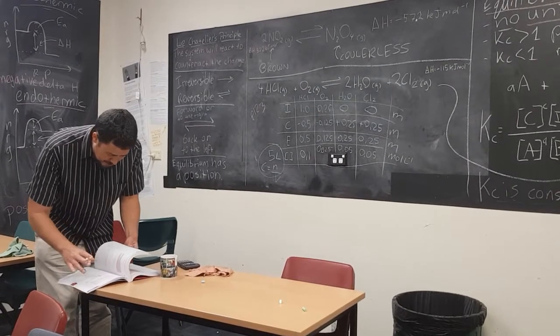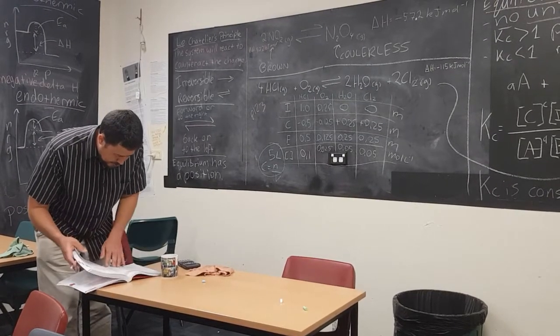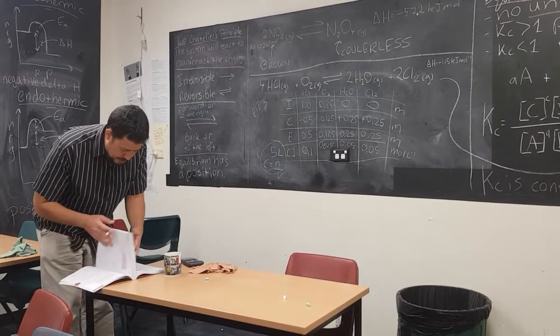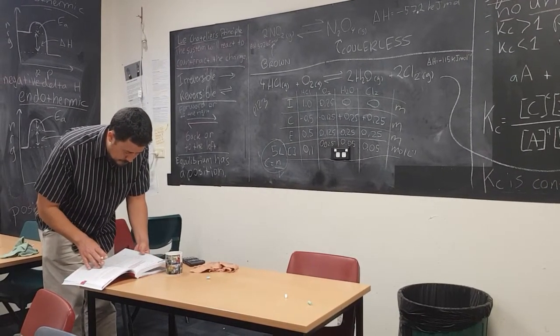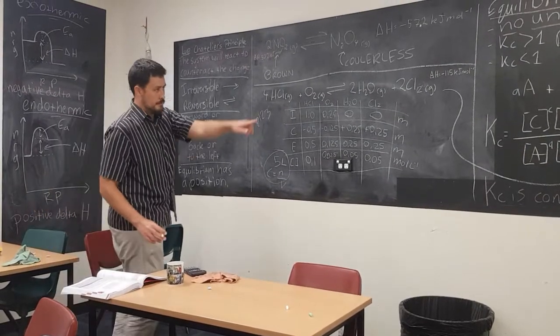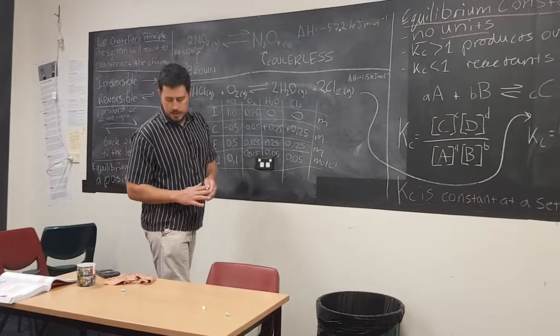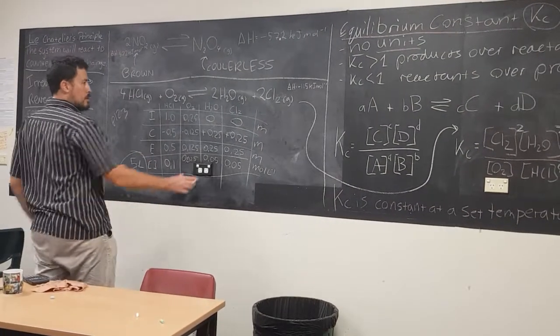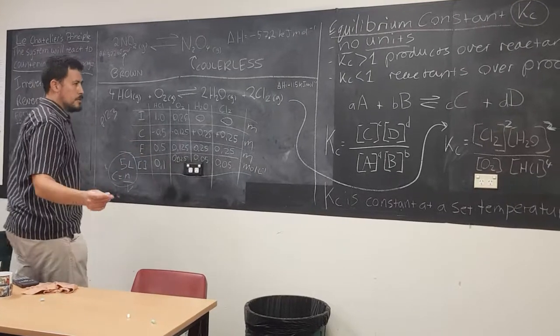Now the next question is, calculate the equilibrium constant for this reaction. So we need to calculate the equilibrium constant, and we've got to do products over reactants.